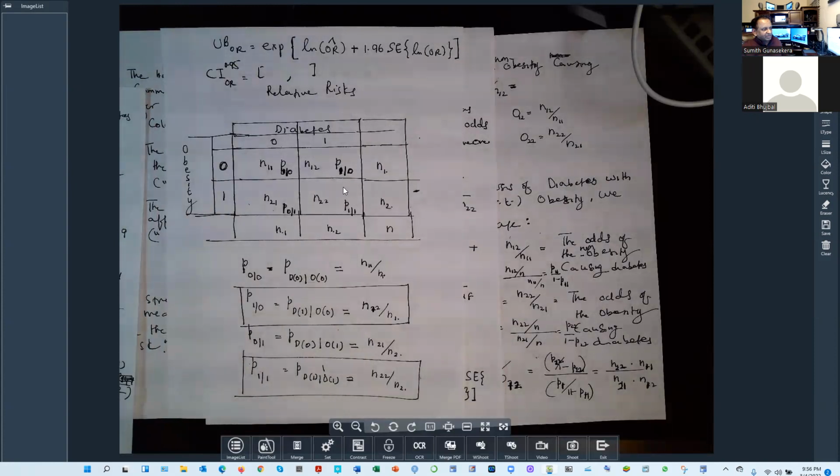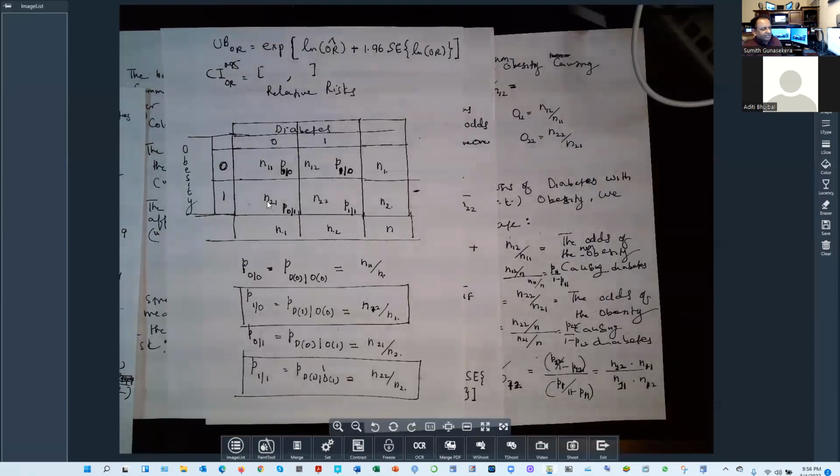That probability or that relative risk divided by this risk is called the column 1 relative risk. Column 2 risk, relative risk. If you divide this one, somebody who has obesity but no diabetes versus somebody not obese, have no diabetes, that relative risk is called the column 1 relative risk.